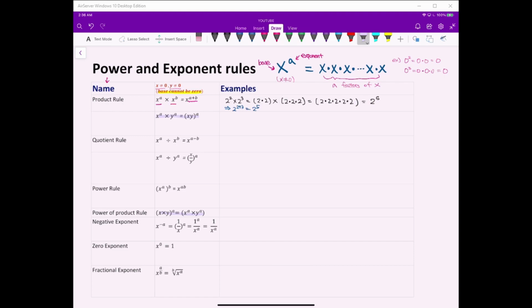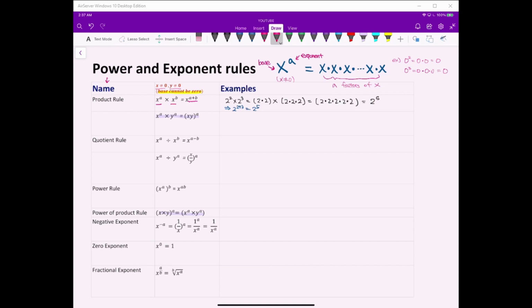The next rule is the quotient rule. The quotient rule is just like the product rule, except we change multiplication into division, and to simplify the powers, we need to subtract the second exponent from the first exponent.